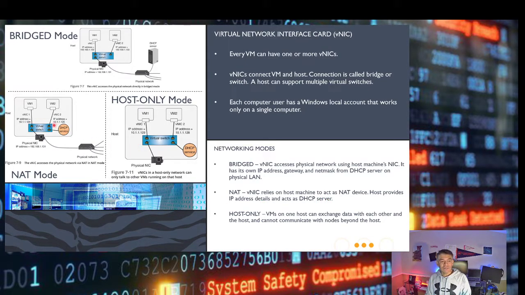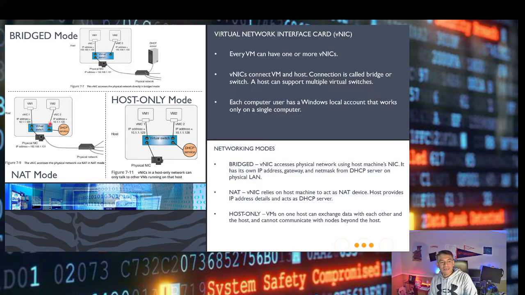So let's take a look at this picture right here, and this is the one that is set up as the NAT mode for networking for this virtualized environment, the one that I am pointing at right here. This is the host. There are two VMs, again, two virtual machines.